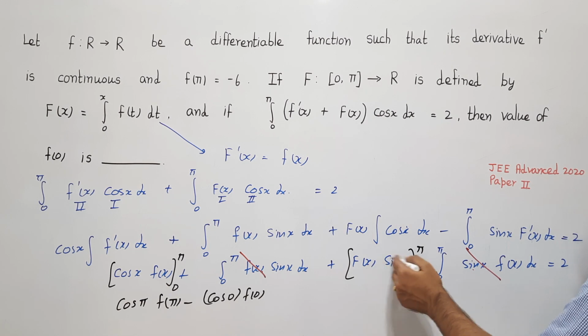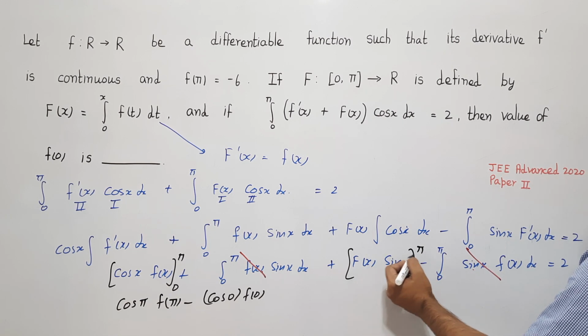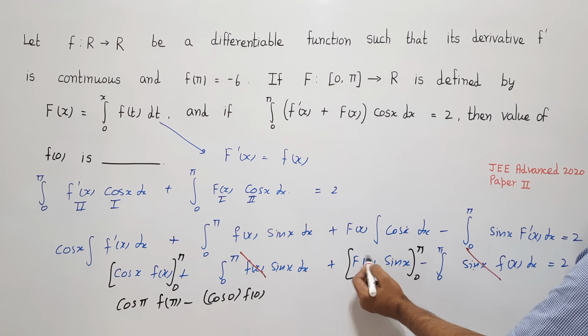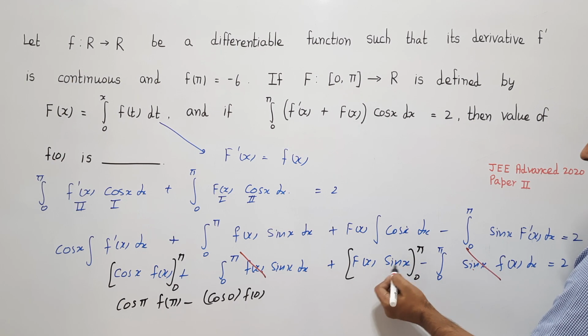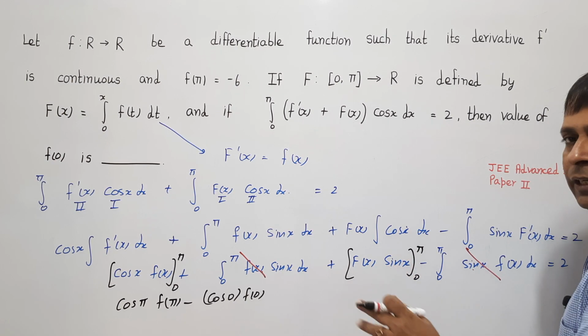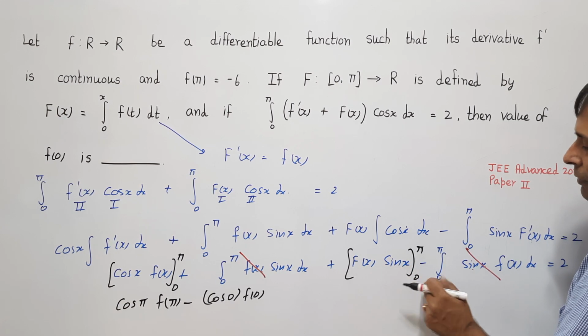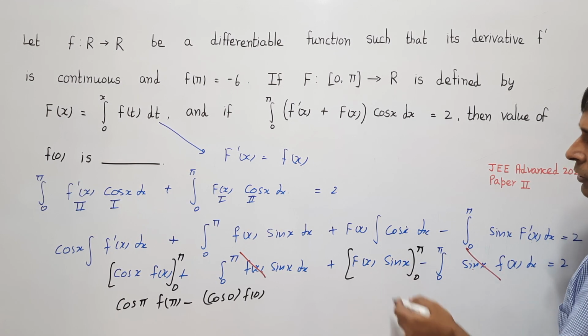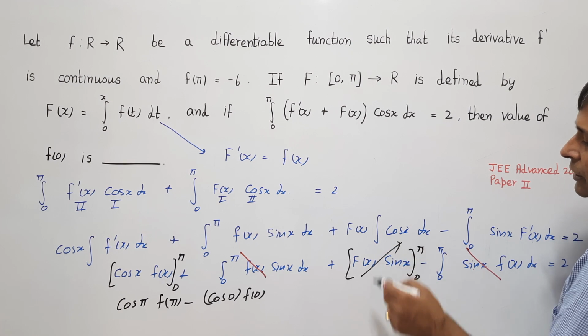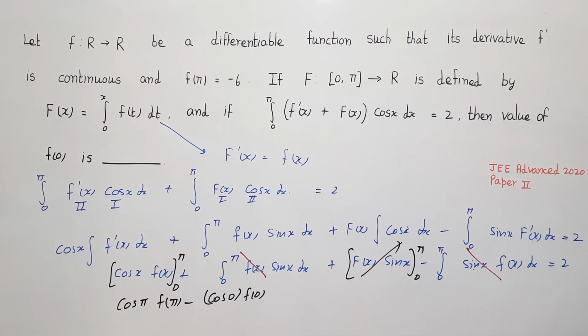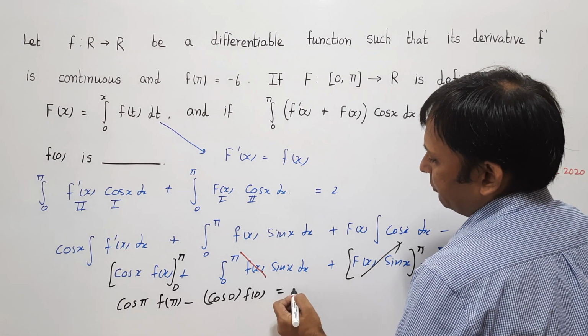And here, whatever the value of capital F, if you put x equal to pi, sin pi is 0, so multiplied by capital F it becomes 0. Similarly sin 0 is also 0. So this term does not have any relevance, it is simply equal to 0, and on the right hand side it is equal to 2.